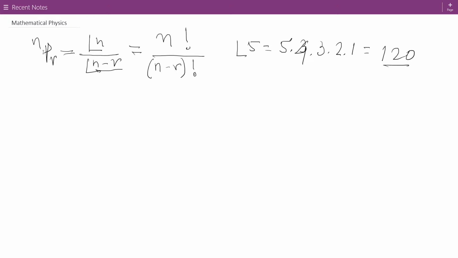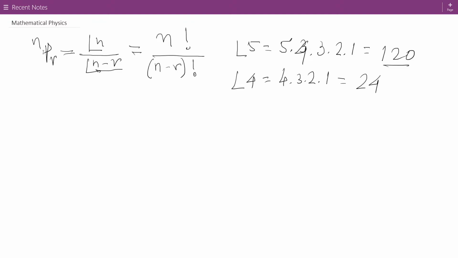The value of factorial 5 is 120. The value of factorial 4 means 4 into 3 into 2 into 1, that means 24. In this way, factorial means starting from that particular number down to 1.